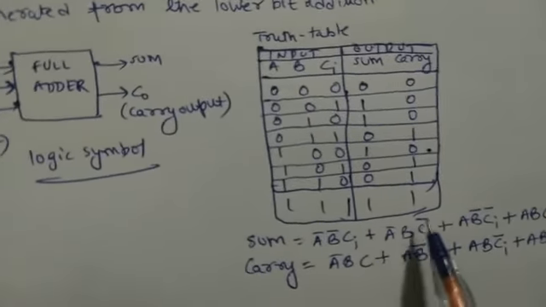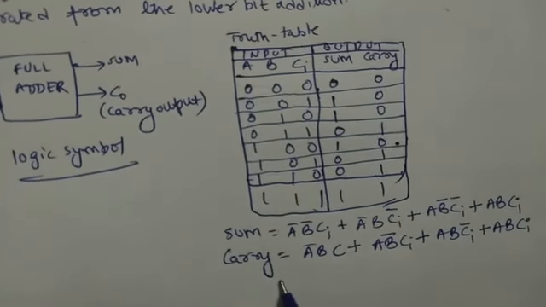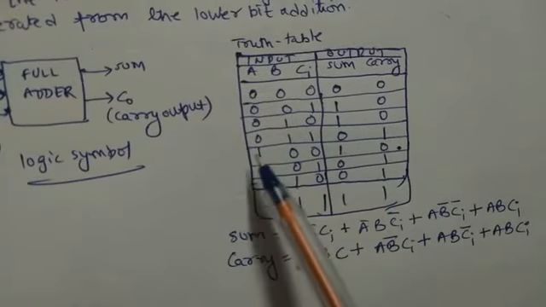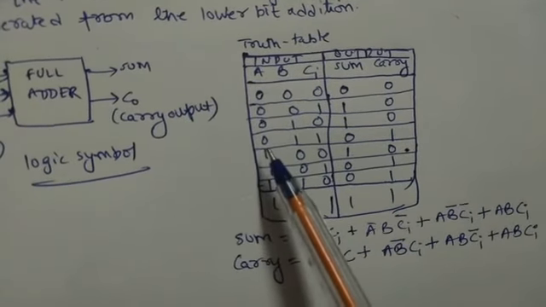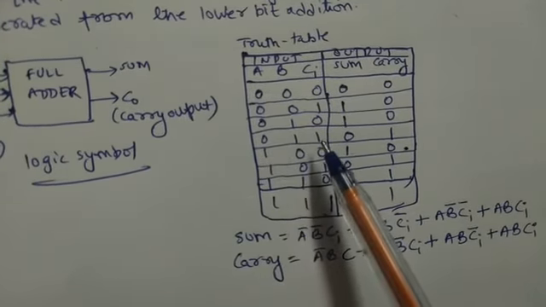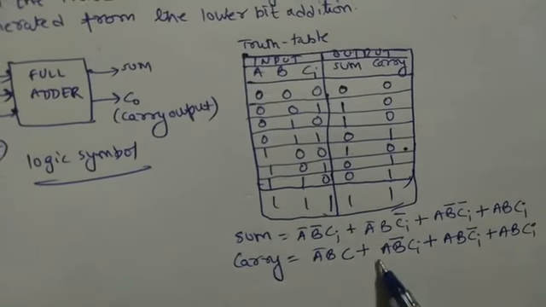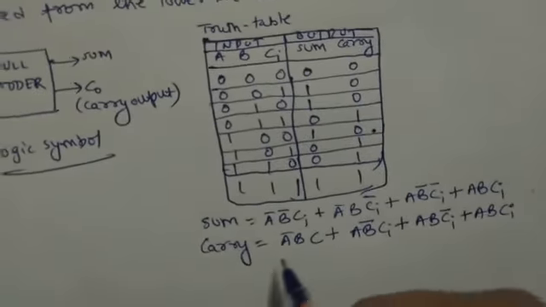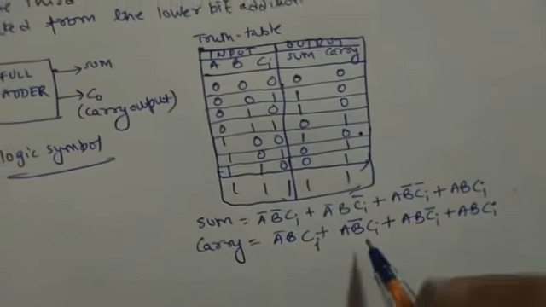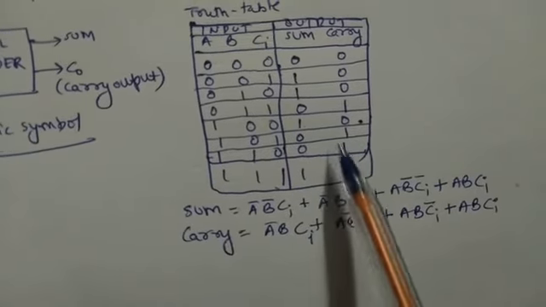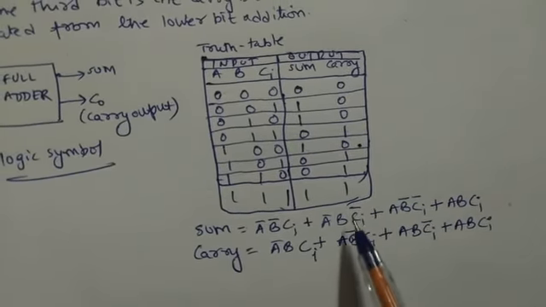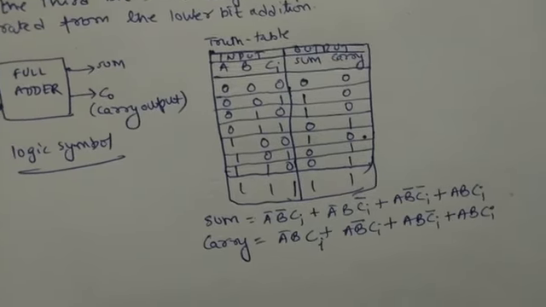Similarly, we have written the equation for carry. As you can see, this one is equal to A bar, B, Ci. Let me write this as Ci. Here again, all these are Ci. So likewise, we have written the sum equation and the carry equation.